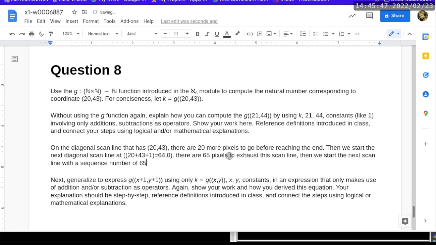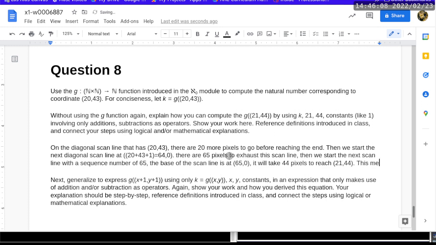That's right. So the base of the scan line is at 65, 0, and it will take, let's see, 44 pixels to reach 2144.